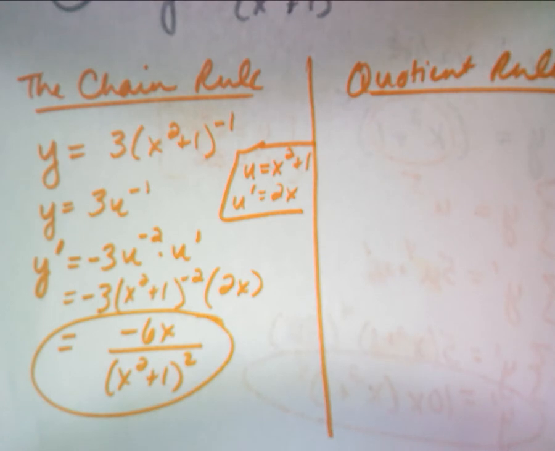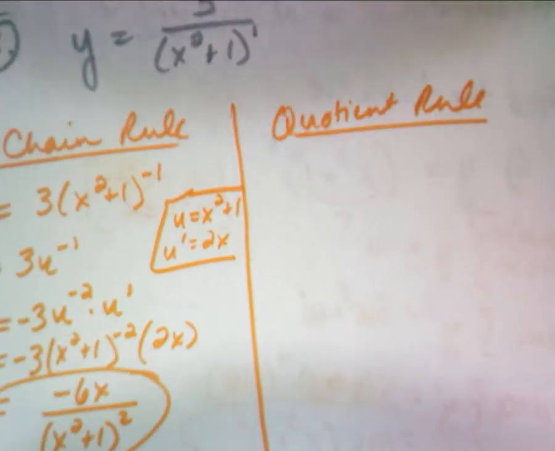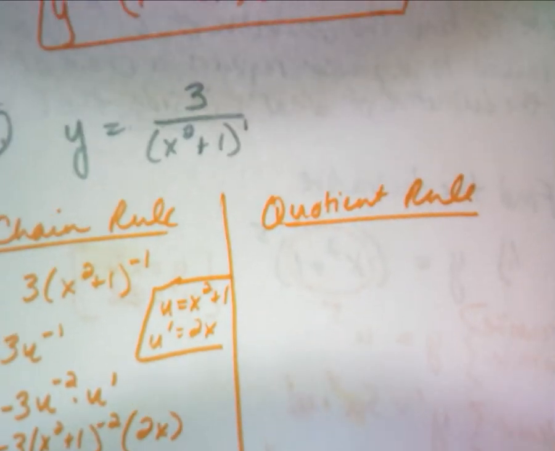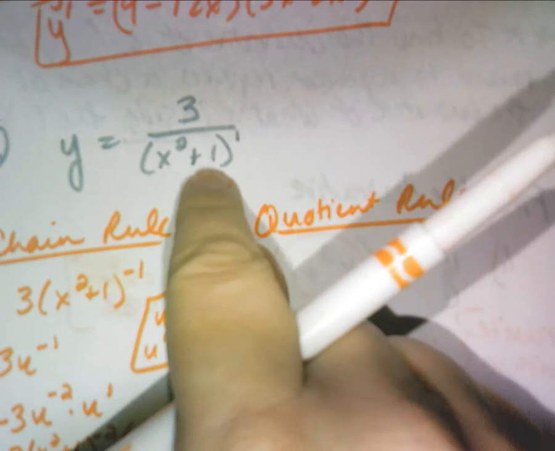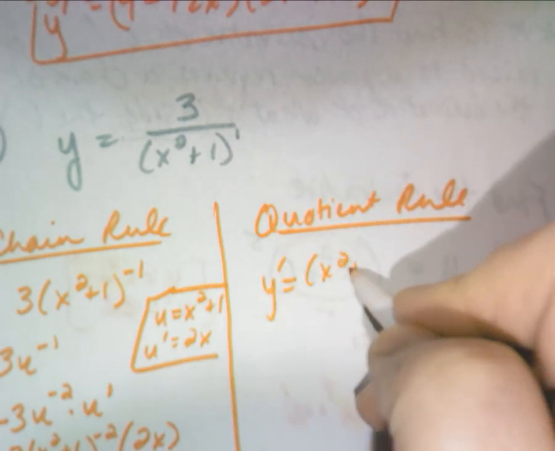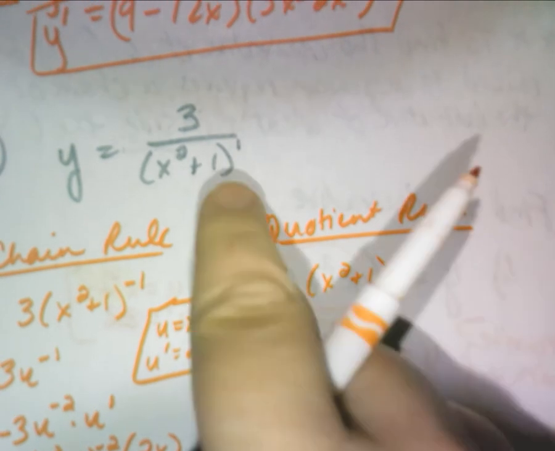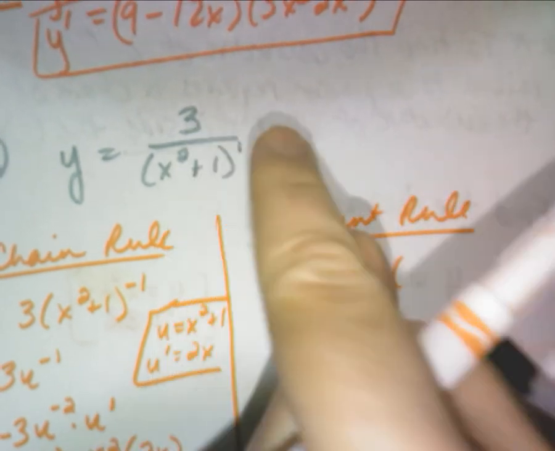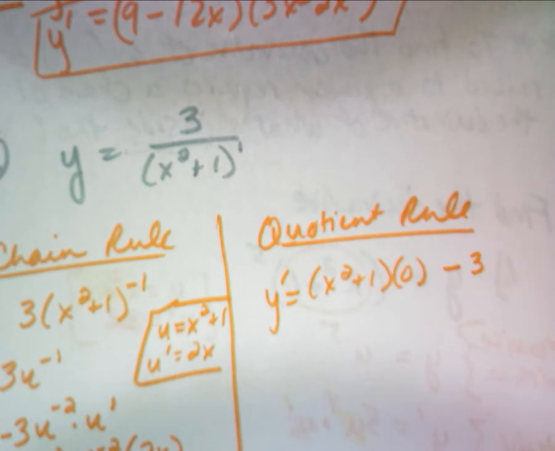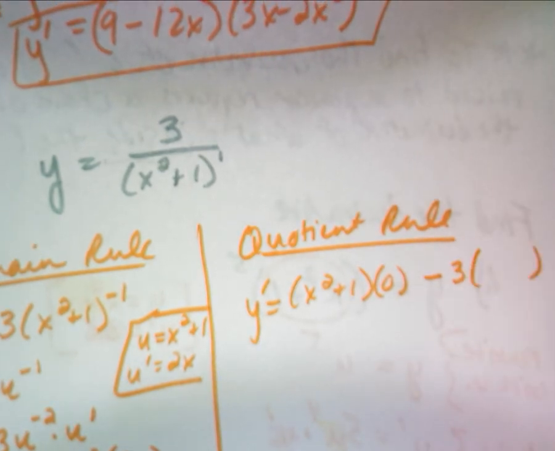Now, let me show you it done a way easier because it was a power of 1. You could have done this the quotient rule way, just to show you. Let's do the quotient rule real quick. Denominator, which would be x squared plus 1, times the derivative of the numerator. What's the derivative of 3? 0. Minus the numerator times the derivative of the denominator.